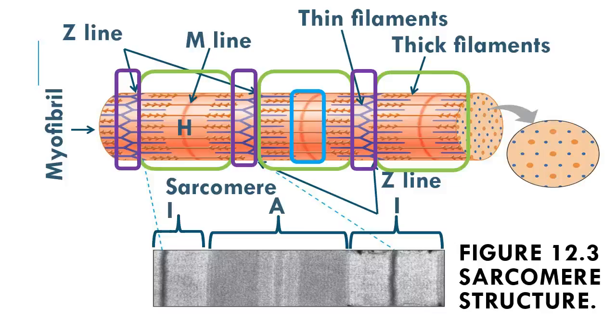What other questions do you have over the sarcomere structure before we turn our attention to the thin and thick filaments? Z-line, M-line, I-band, A-band, H zone.